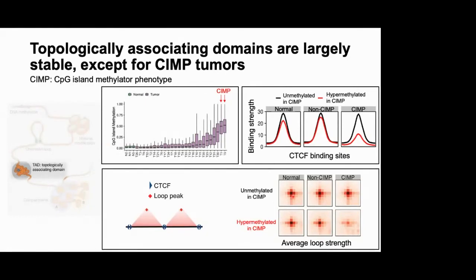This is the average loop strength across samples. However, for regions that were hypermethylated in the CIMP tumors, we see that the average loop strength was really lost, meaning that the TAD structures were compromised. Despite these differences and compromised TAD structures, we didn't see big gene expression changes, which made us investigate further.